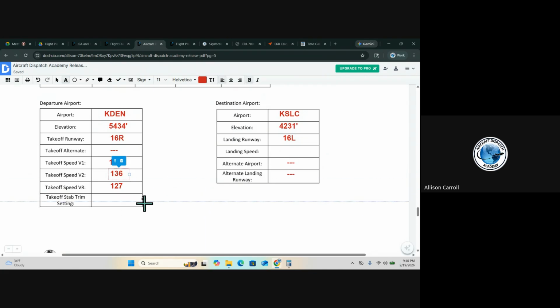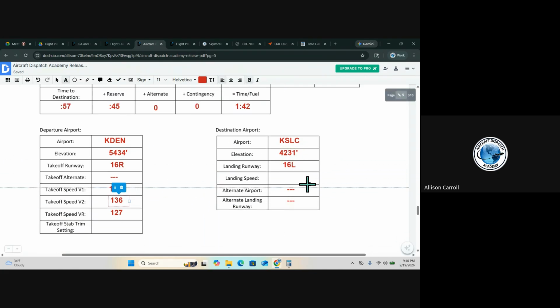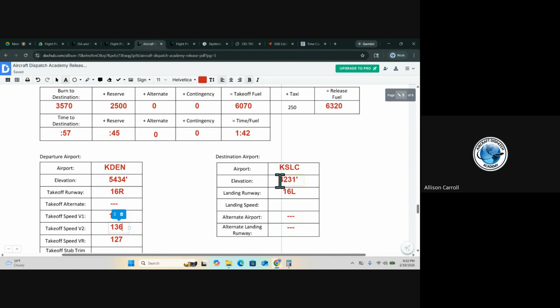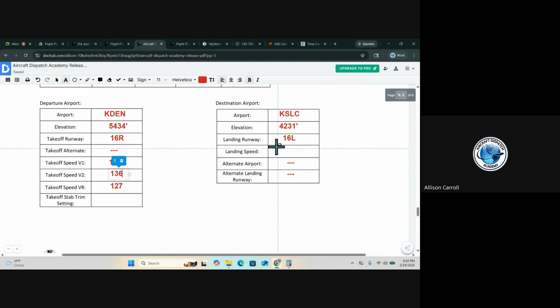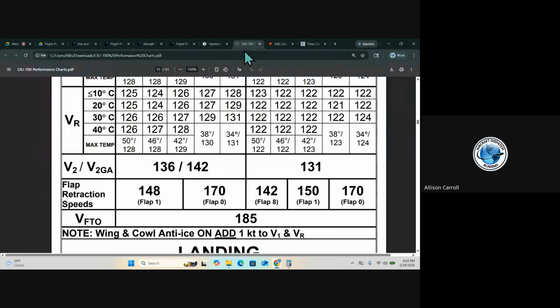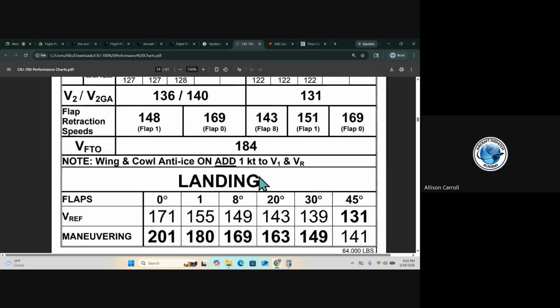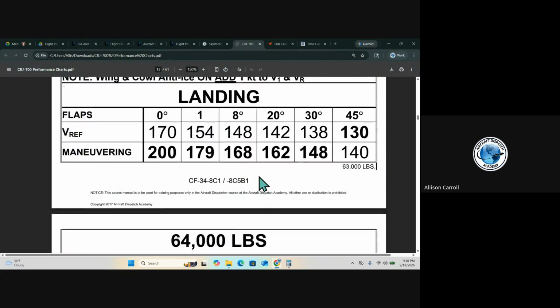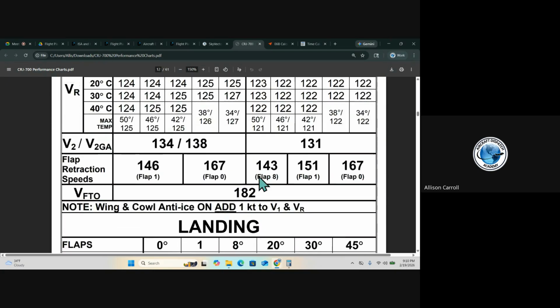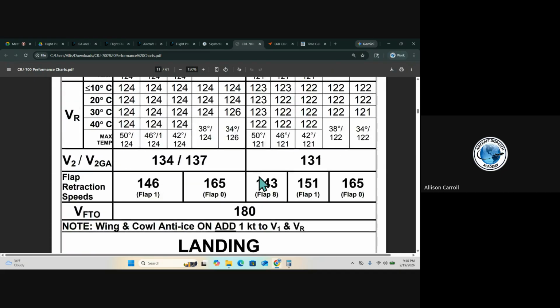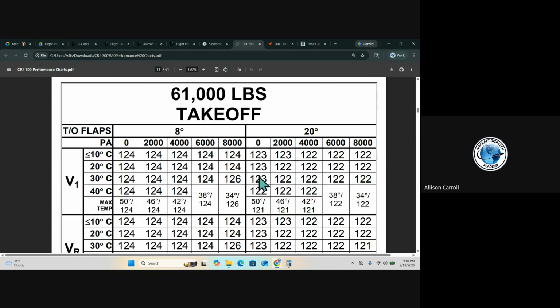Now, really quick, before I get out of these speed charts, I'm going to find landing speed into Salt Lake. For our landing speed, we're going to need our landing weight that we just figured out, right? That was 60,482. So guess what? We're going to go find the 61,000 pound chart because we're heavier than 60,000 pounds.